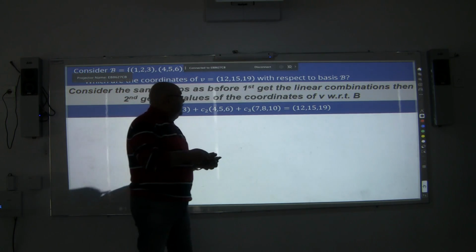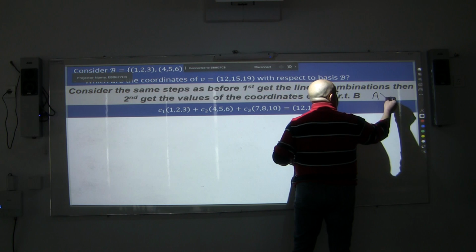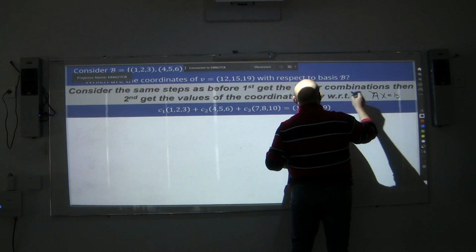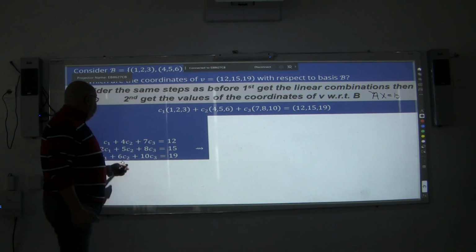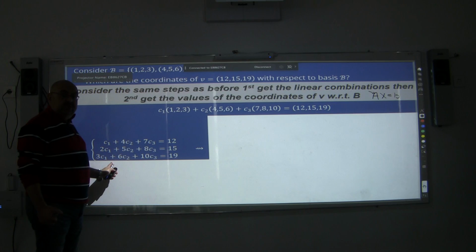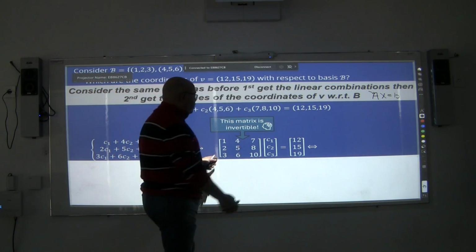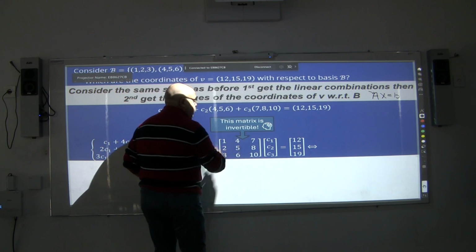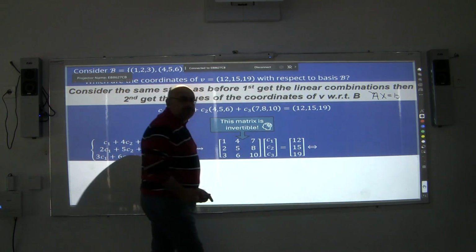So I can solve this system by writing AX equal to B, where A is formed from these vectors as units. Simply, that's the system of equations that we are talking about. That's the A matrix, that's the X matrix, and that's the B matrix.